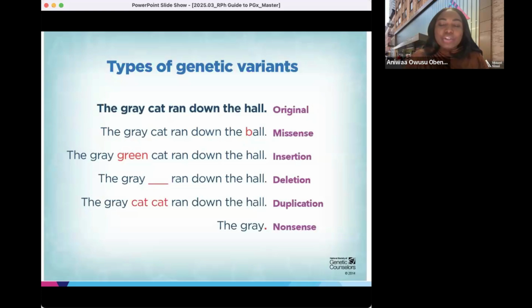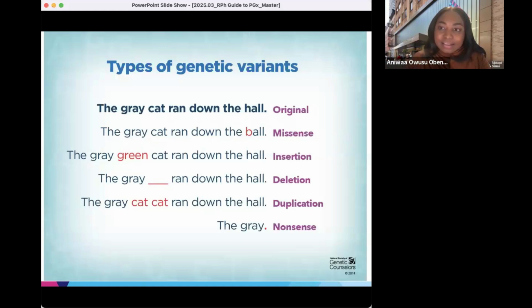So there could be an insertion of a single base pair or an insertion of a string of base pairs, right? And then there are deletions. Deletions happen when a portion of that DNA is taken away. This is very, very common. And then there are also duplications as well, where a segment of the DNA gets repeated over and over again.